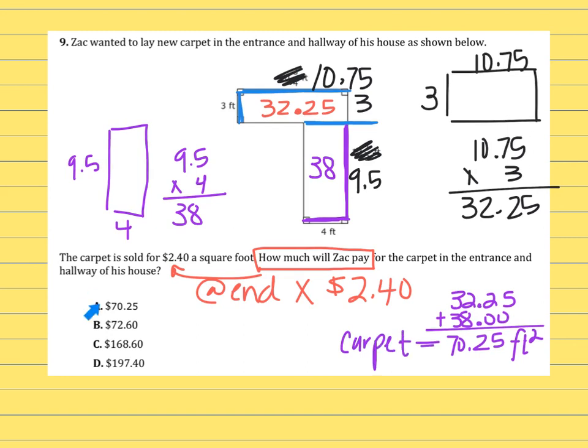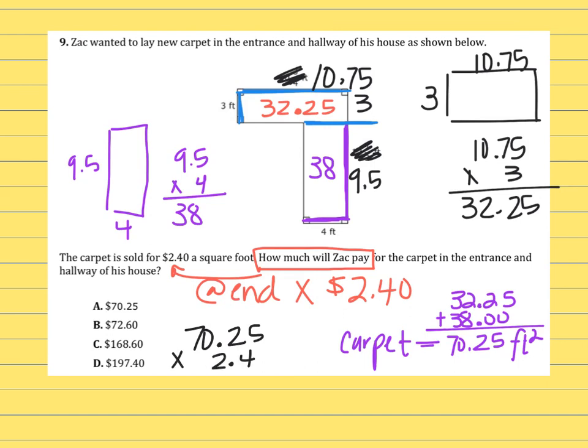These answer choices have dollar signs in front of them. I cannot choose this answer because I have not multiplied with the price per square foot of carpet. So I know my answer is going to be a lot bigger than 70. I'm going to multiply it times 2.4. That's going to be my last step. To find the cost, 70.25 times $2.40.